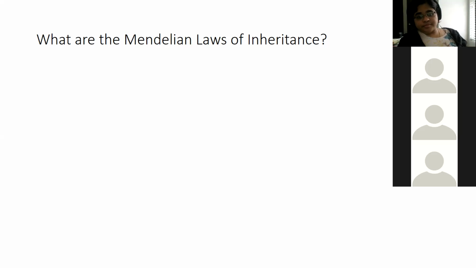He also talked about dominant and recessive genes. So when a dominant unit is present, the recessive one does not show. What else? There's two more. He also talked about segregation. So the paired unit factors separate during gamete formation. Good.